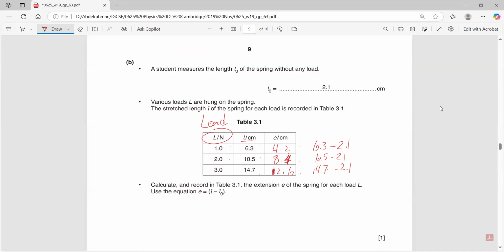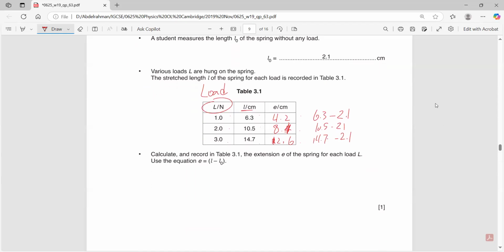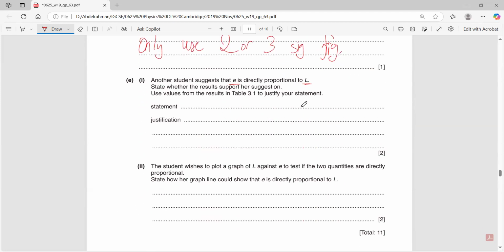So are L and E in direct proportion? I think so, yes. How can I make sure? By dividing. So if you say, for example, 4.2 divided by 1, would it be equal to 8.4 divided by 2? Yes. Would it be equal to 12.6 divided by 3? Yes. So the statement, yes, they are directly proportional.